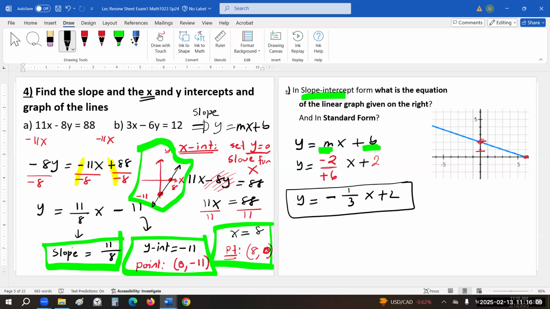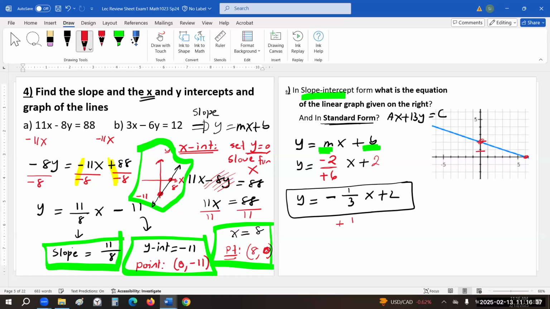So this is the slope intercept. If they ask me for slope intercept, you stop here. But if they are asking for standard form, meaning ax plus by equals c, it means we need to bring x next to the y, no x minus, and no fraction.